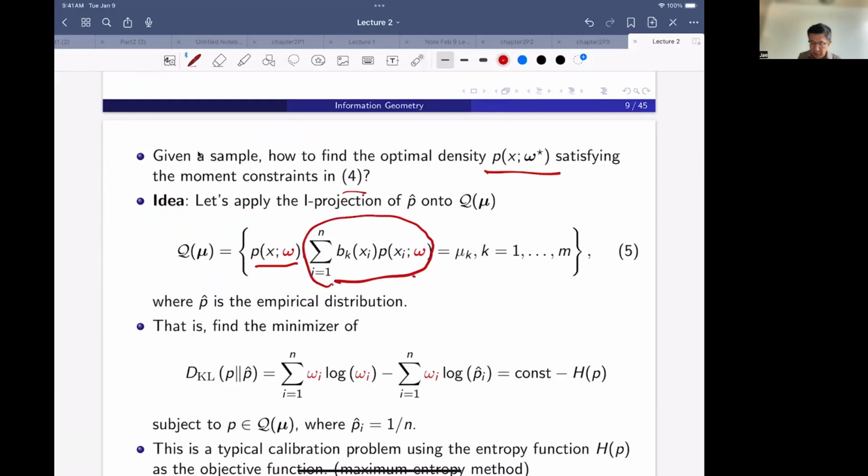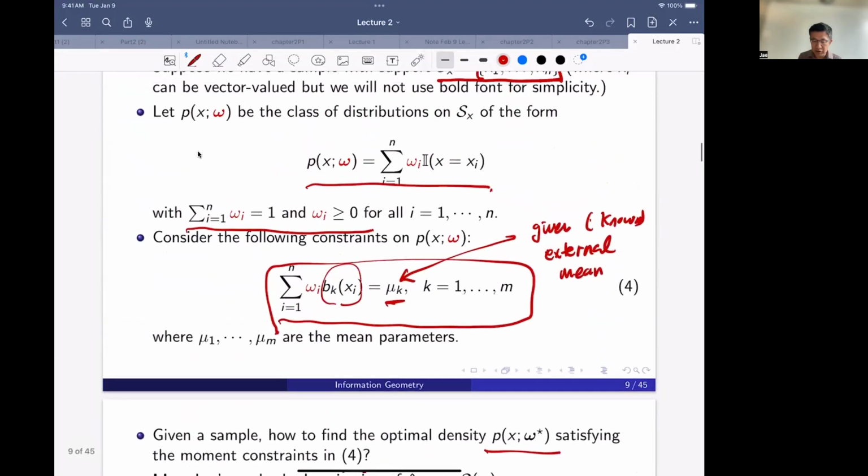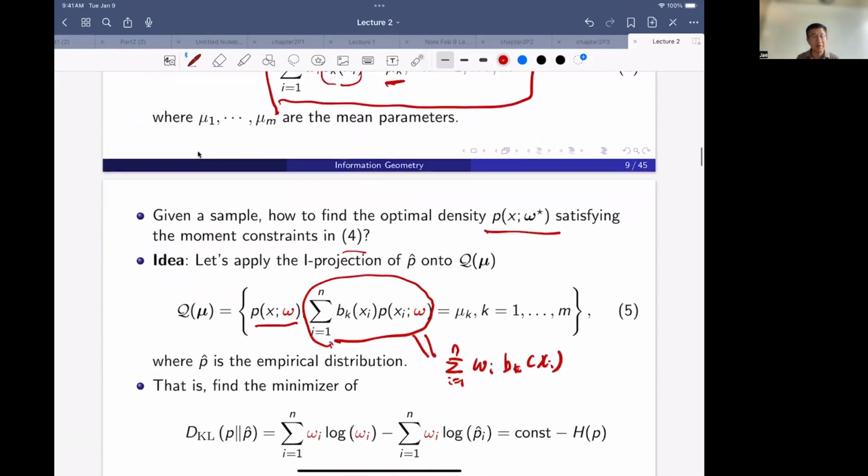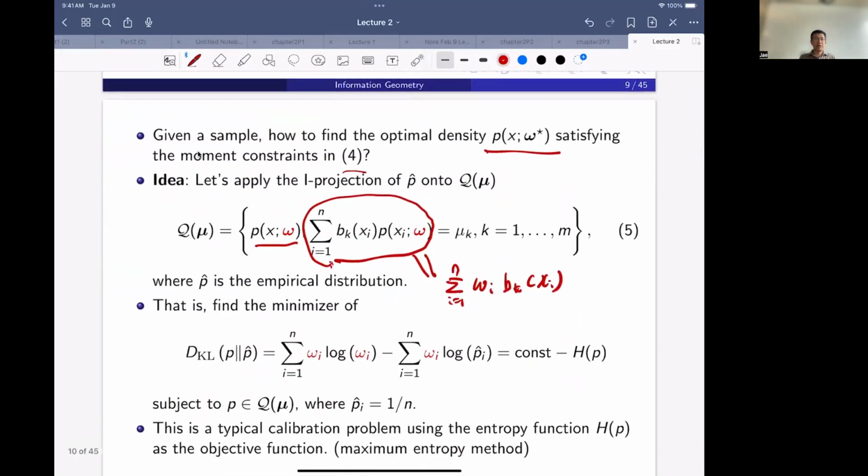This is nothing but equal to, because of our definition of p, right? Our definition of p x omega is just putting weight omega i on each data point xi. Then this summation is just computing a weighted average. Okay, so this is a constraint.